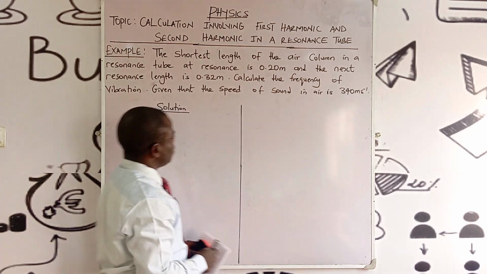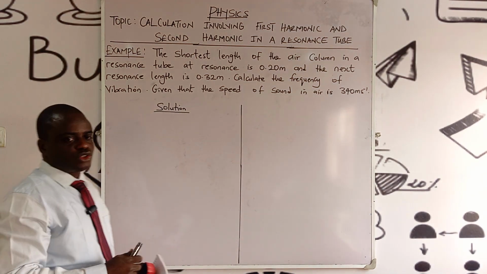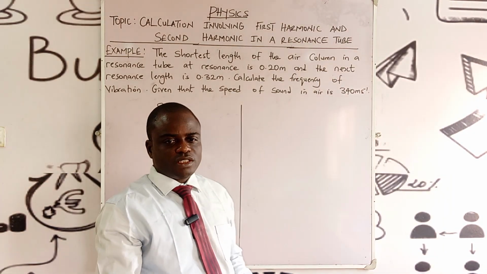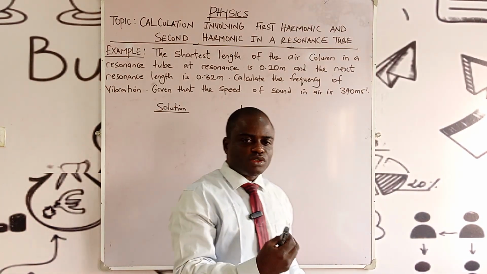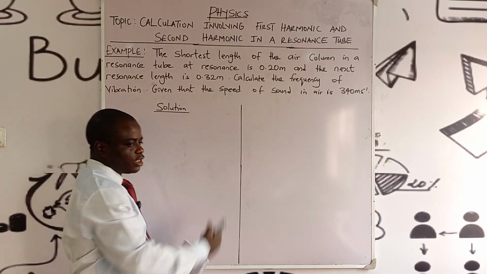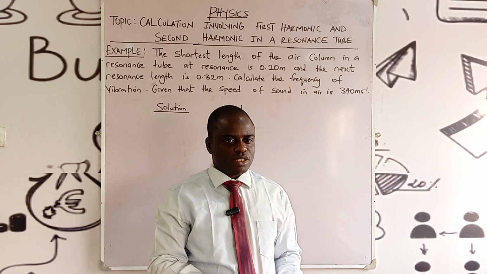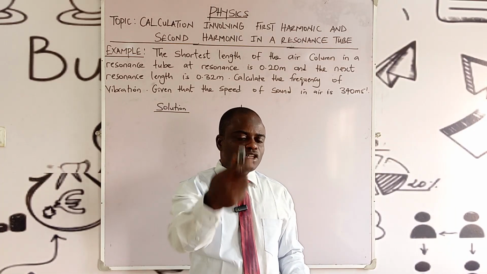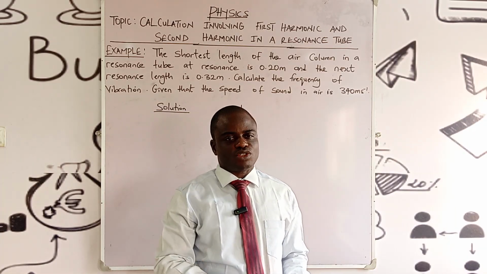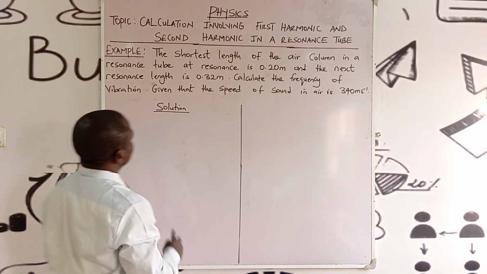That's what I'm trying to say. Sometimes you are asked to look for the first harmonic in the resonance tube. Always know that the second resonance is referred to as the second harmonic, and the second harmonic is referred to as the first overtone. And let's see the diagram.